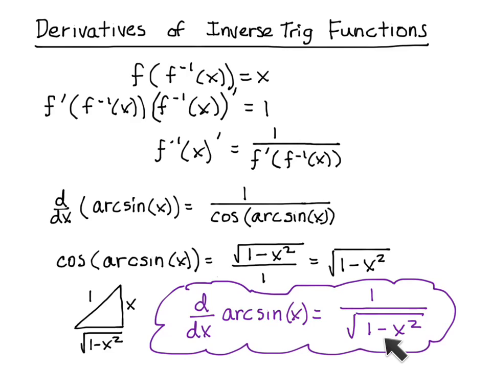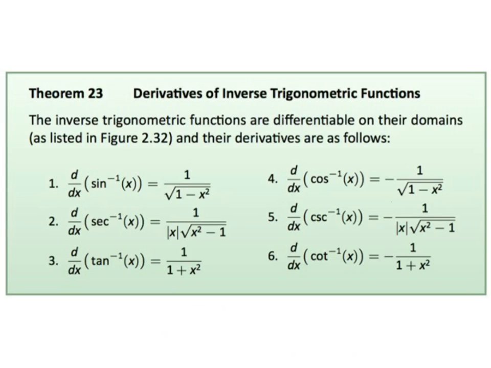That's a little bit surprising, I think, the first time you see it. But once we walk through how all this works, it'll start to make sense, to the point where we'll have the derivatives of the inverse trigonometric functions.